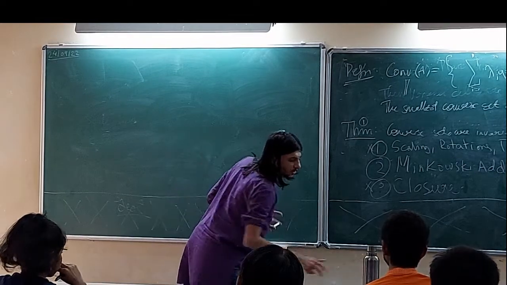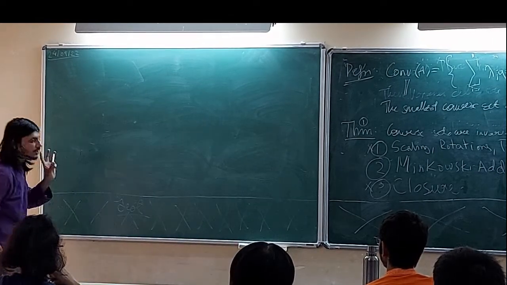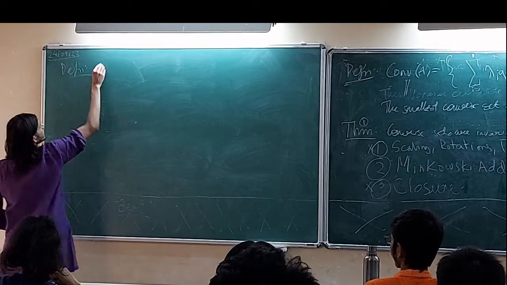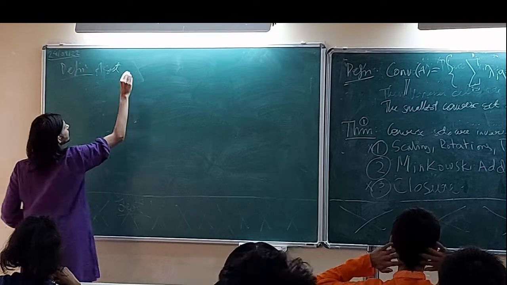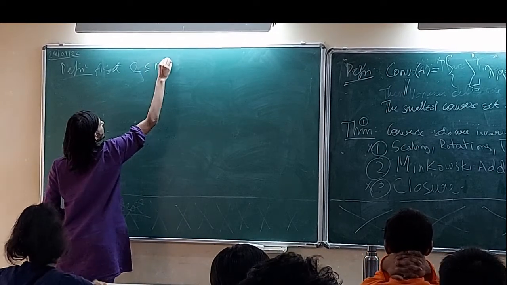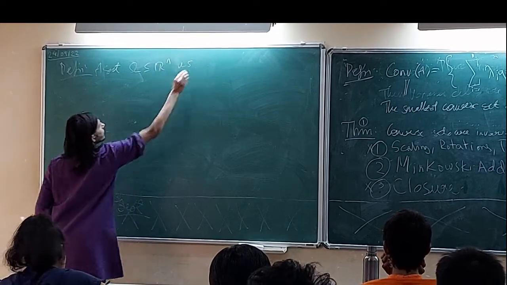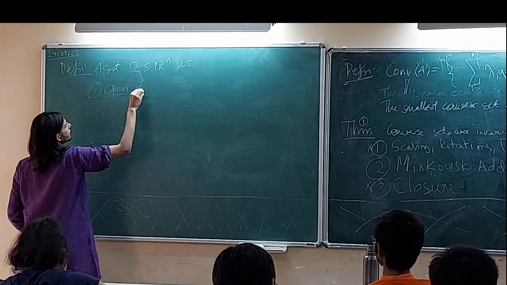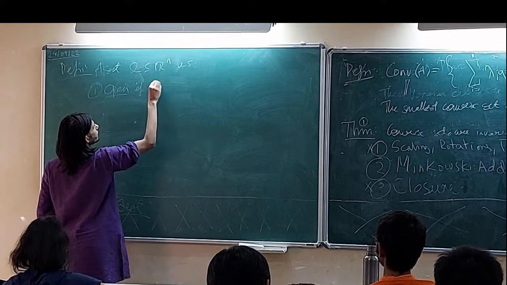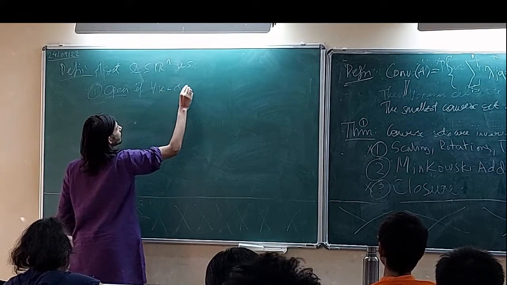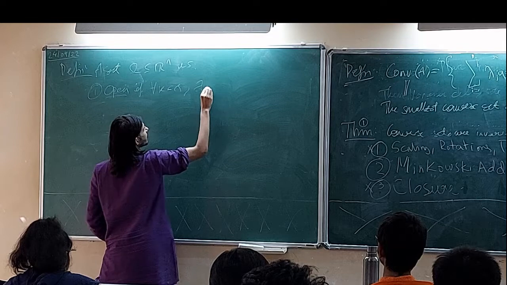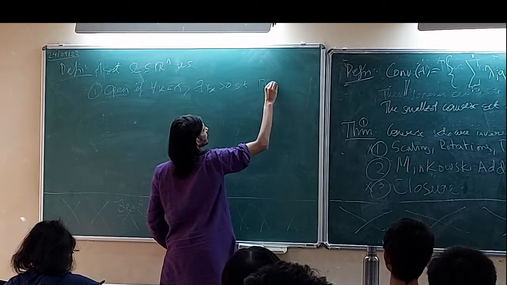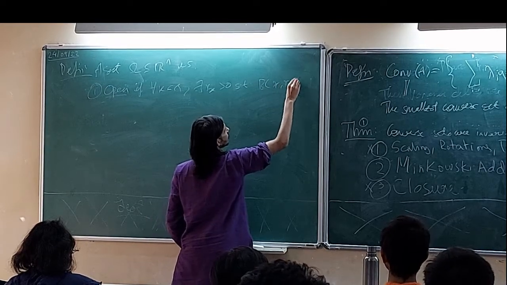So I'll just define what open, closed, compact and bounded are. So definition: a set omega subset of Rn is 1, open if for all x in omega you can find a radius Rx such that the ball of radius Rx around x is contained in omega.